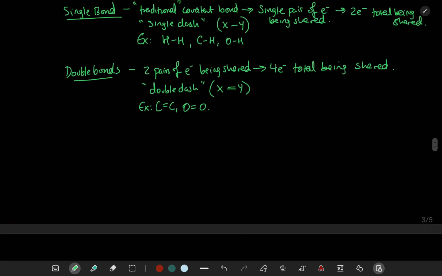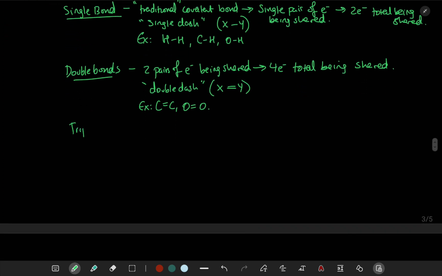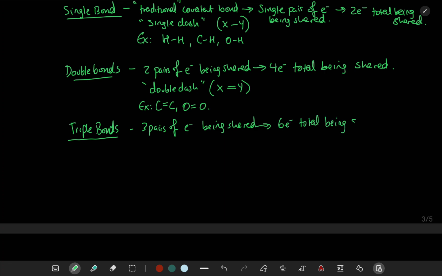Okay, now we can also have triple bonds. Just like single and double bonds, triple bonds are covalent bonds where 3 pairs of electrons are shared between the atoms. So in this case, we have 3 pairs of electrons being shared, right? And so this means how many? We have 6 electrons total being shared.